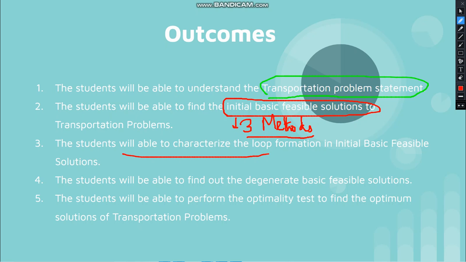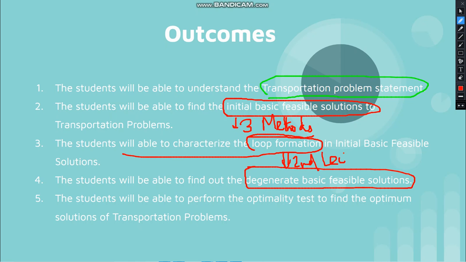In the second lecture we will discuss loop formation and the degenerate basic feasible solution. These are included in the second lecture.